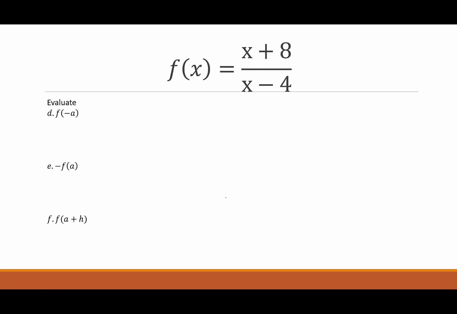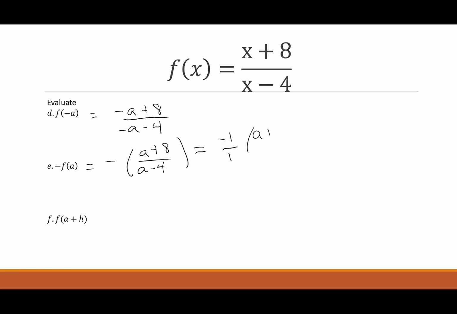Let's go back to the negative a. This gives me negative a plus 8 over negative a minus 4. If I do negative f of a, I have negative a plus 8 over a minus 4. Now, if you decide you want to distribute this, I would only distribute it to the numerator, not to the numerator and denominator. You want to think of this as being like negative 1 over 1 times a plus 8 over a minus 4.